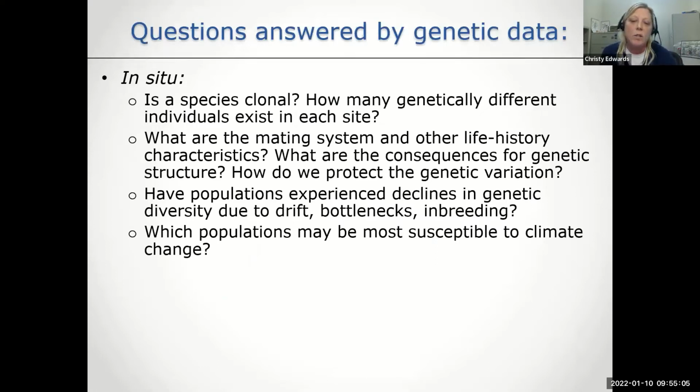There will be questions like, for example, is a species clonal, and how many individuals do we actually have? What are the mating system and life history characteristics of the species, which can be answered with genetic data? And what are the consequences for genetic diversity, genetic structure, and conservation?